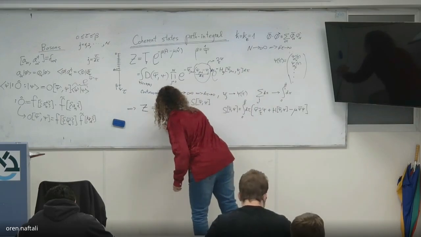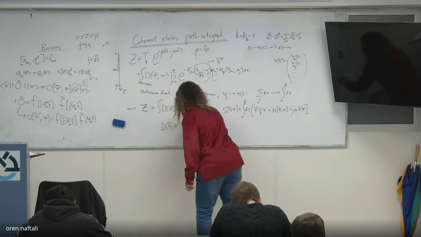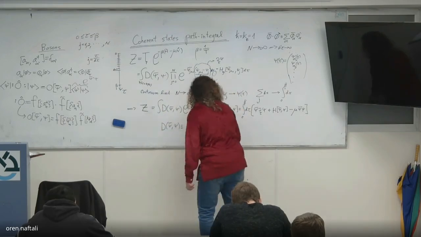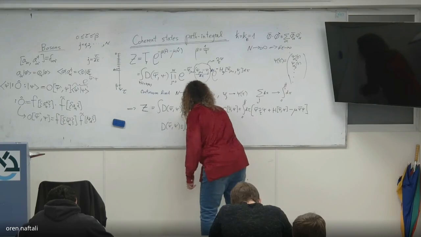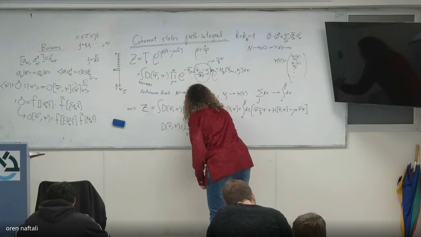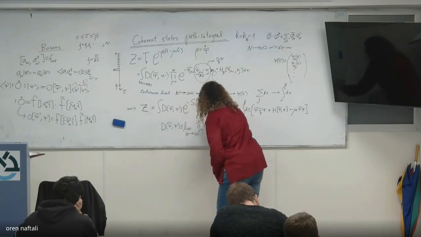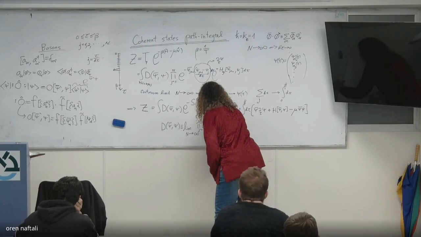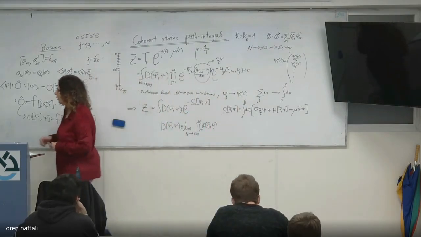Now let me define, I also need to define what D is. This D is again a definition. It's going to be the limit when n goes to infinity of a product over all j's going from 0 to n of d psi j, but this on its own is also a product.